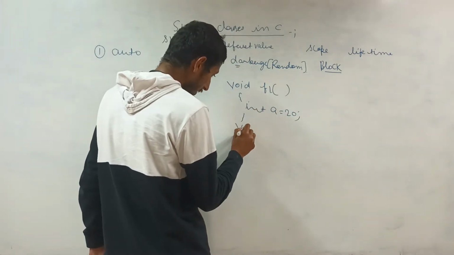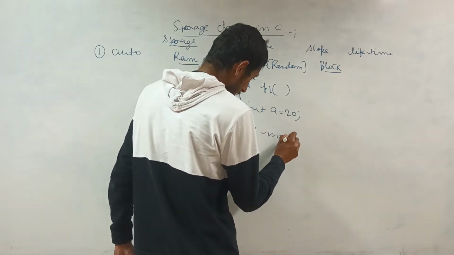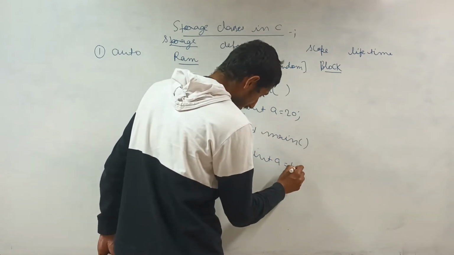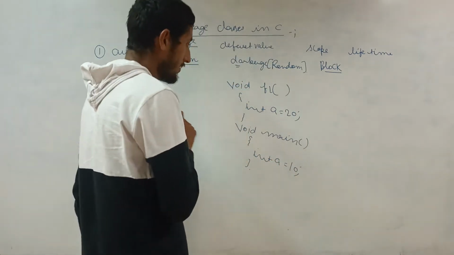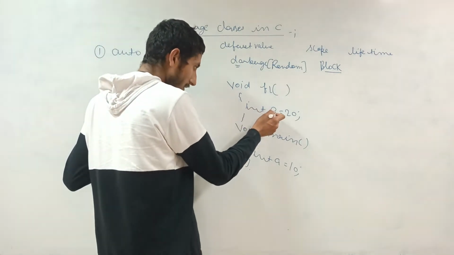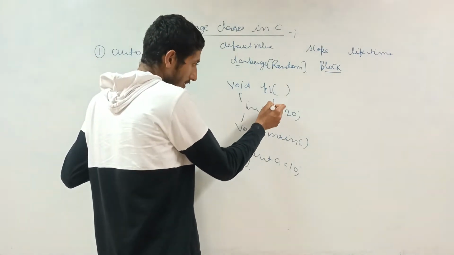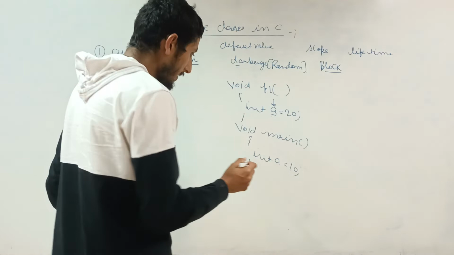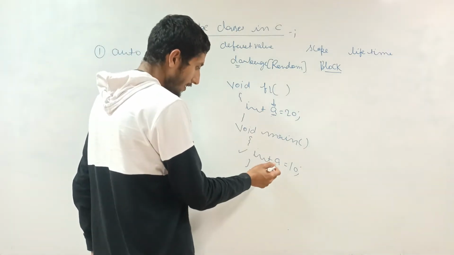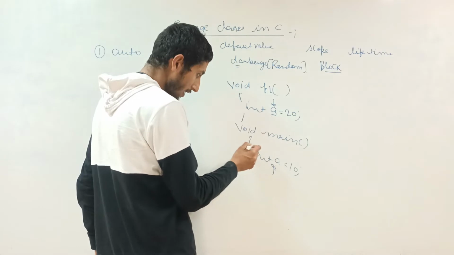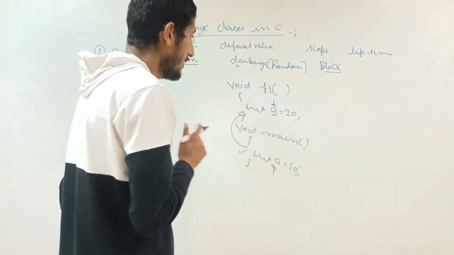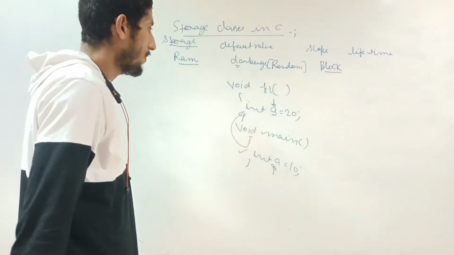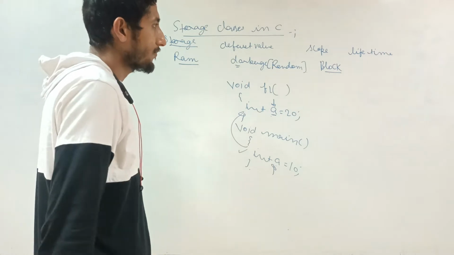At the same time, in main you have one more variable a, and the value is 10. The scope means where this a can be accessed. The variable a declared inside f1 can't be accessed in main, and the variable a declared inside main can't be accessed in f1. So the scope of an auto variable is within the block. And what is the lifetime?